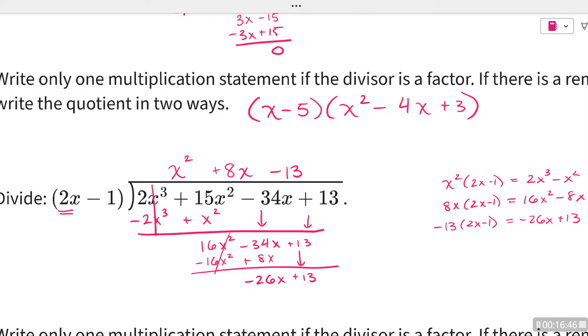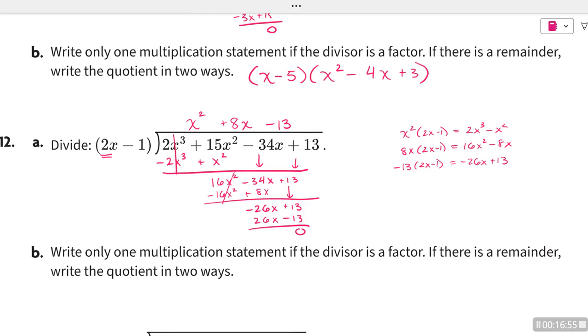Remember, we need to subtract that, so I'm going to switch both signs. I'm going to make it a positive 26x and a minus 13. So once again, we have no remainder, so we're only going to write our multiplication statement one way. We're going to write it as 2x minus 1 times x squared plus 8x minus 13.